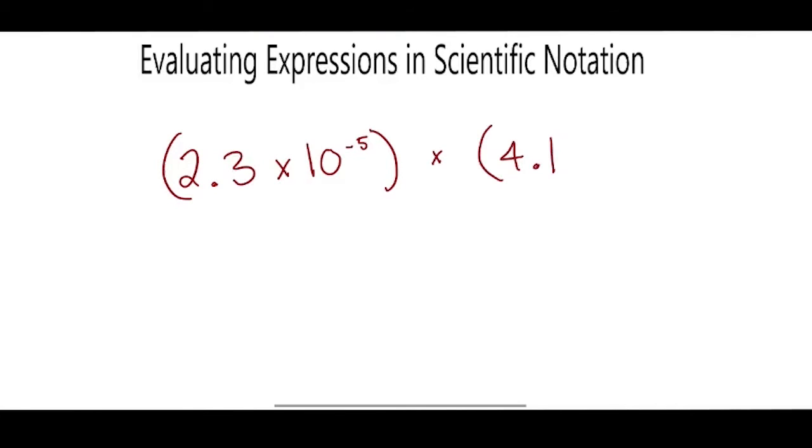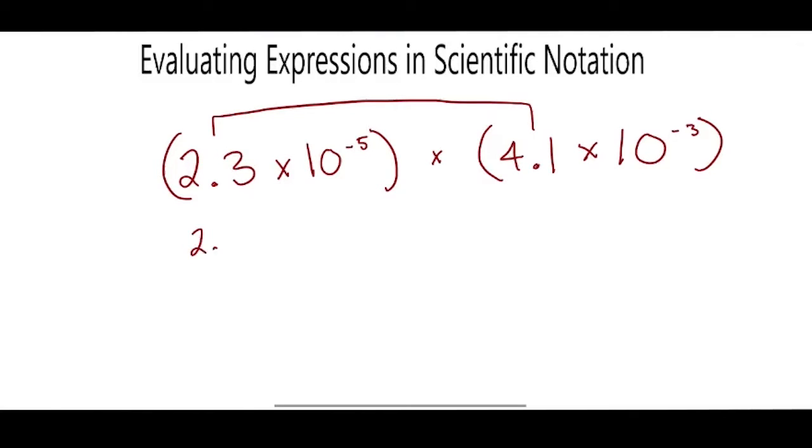So let's say I have 2.3 times 10 to the negative 5th power times 4.1 times 10 to the negative 3rd power. I can do 2.3 times 4.1.